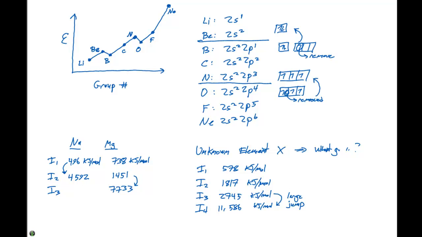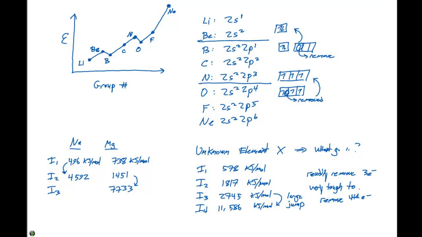Since we have this large jump from 3 to 4, we can readily remove 3 electrons, but it's very tough to remove the 4th electron.